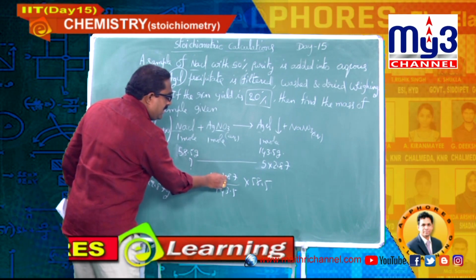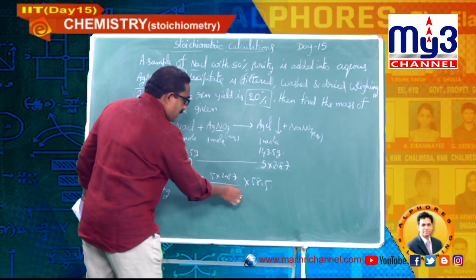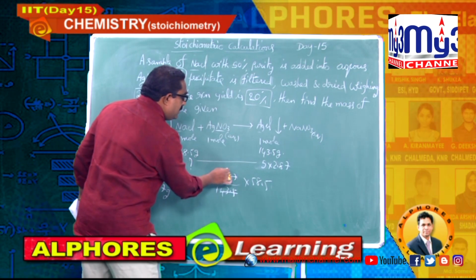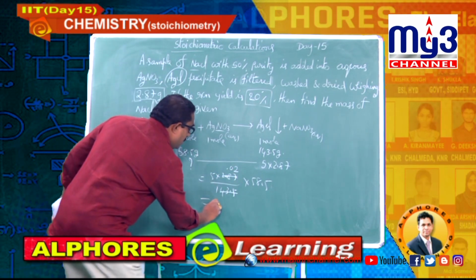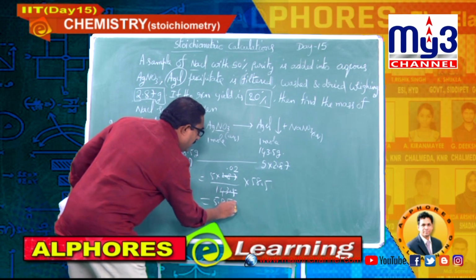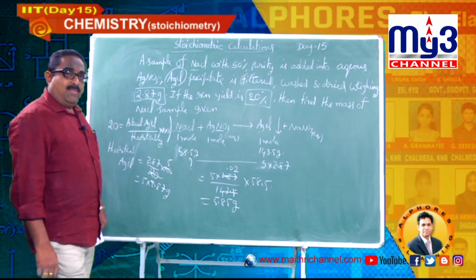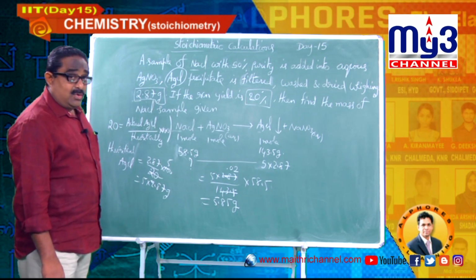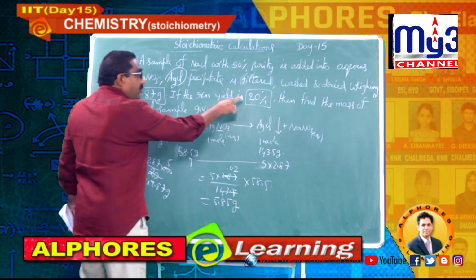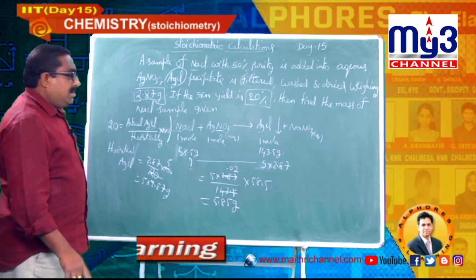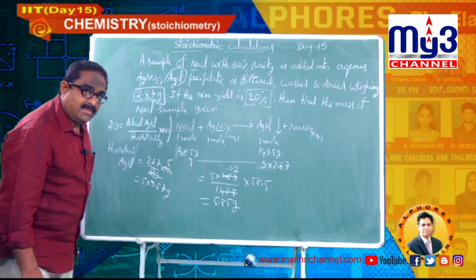Double of this, it is 287, but two digits are there, so this is nothing but 0.02. So it is 5.85 grams. So the mass of sodium chloride that should be involved in the reaction with only 20% yield, then only you will get 2.87 grams.